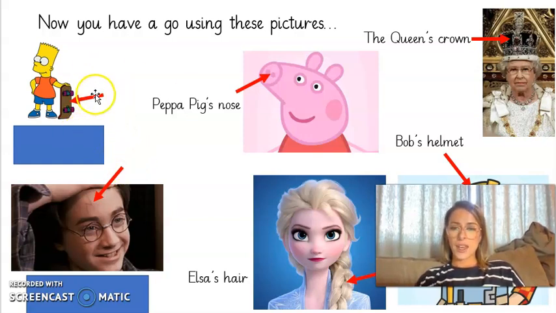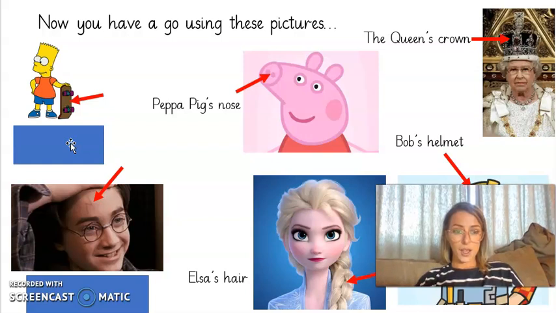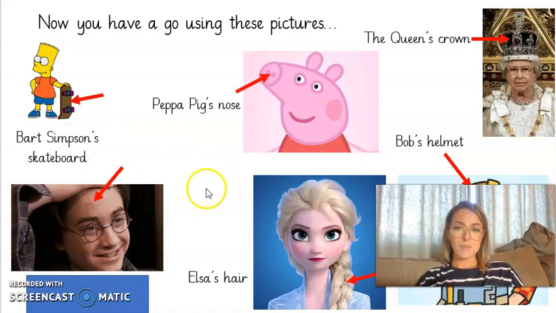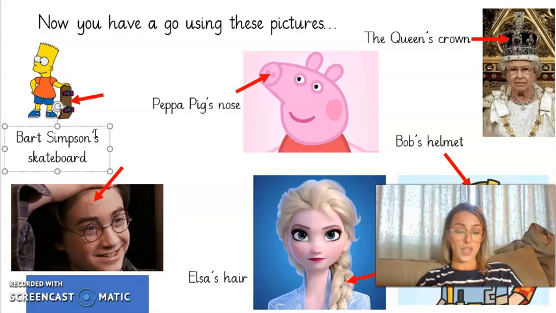Okay, now this is Bart Simpson, and this is the skateboard which Bart Simpson owns. So what do you think is behind my blue box here? Pause the video to write it down. Are you ready for the answer? It is Bart Simpson's skateboard, and Bart Simpson is the one who owns it, which is why my apostrophe goes here.